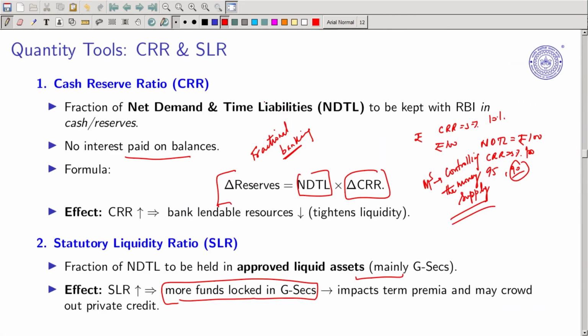But till here I hope you have been able to understand what the quantity tool is, and it is directly linked with what we have been discussing about MV equals PT, where T is nothing but the value of transactions. Right. So, MV equals PT is often considered one of the important instruments to understand the impact.